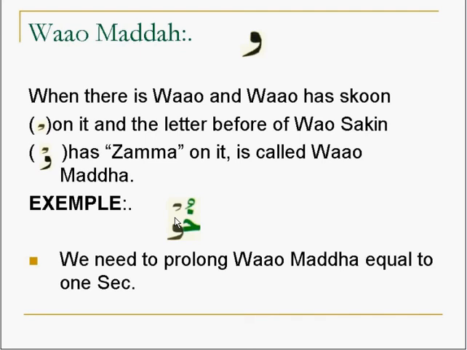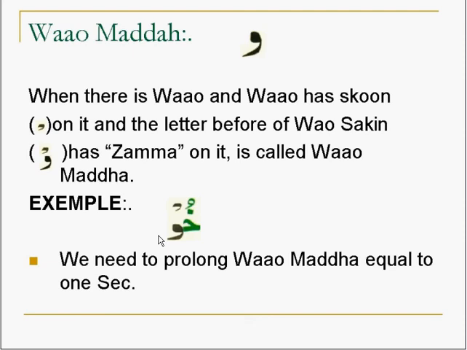But if it has any other movement, like a fatha, it will not be waw madda. So for the waw madda, there should be a waw sakin, and before the waw sakin there should be a zamma on the letter, like this word kha waw zamma khu, ba waw zamma bu, noon waw zamma nu.